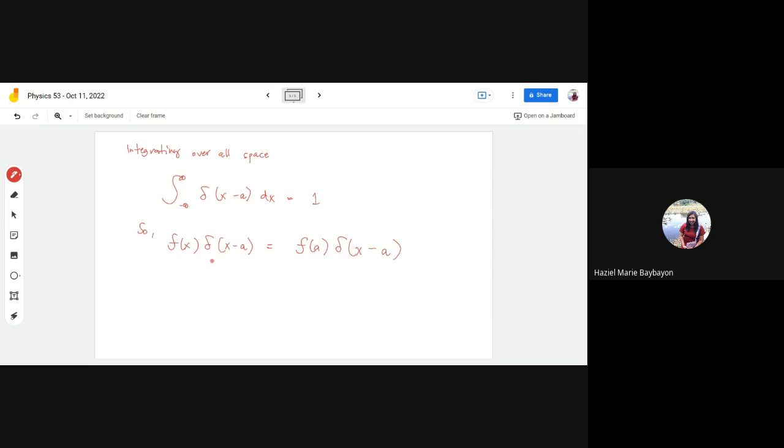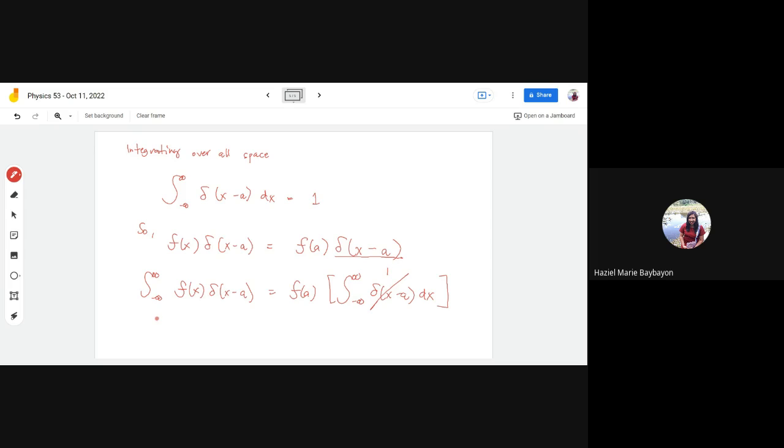If we integrate this over all space, this is just equal to f of a multiplied by the integral of this function over all space, which we know is just equal to 1.